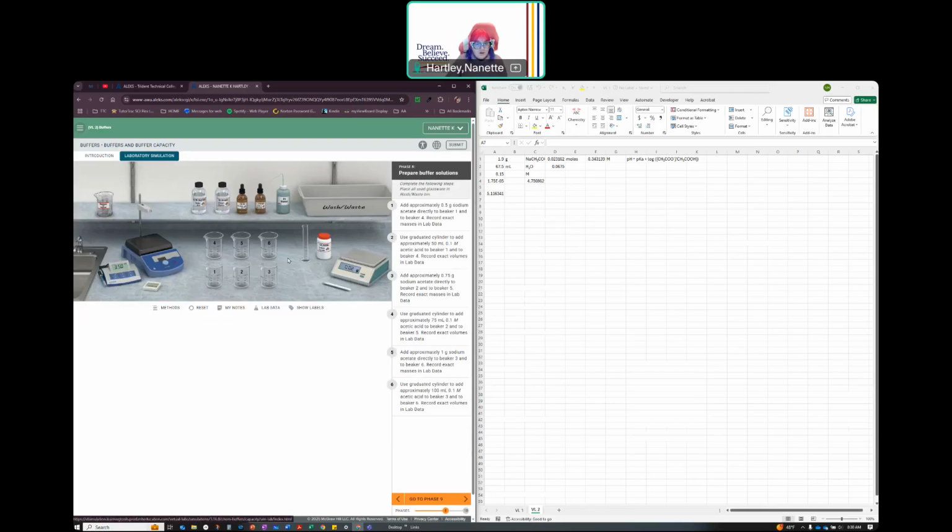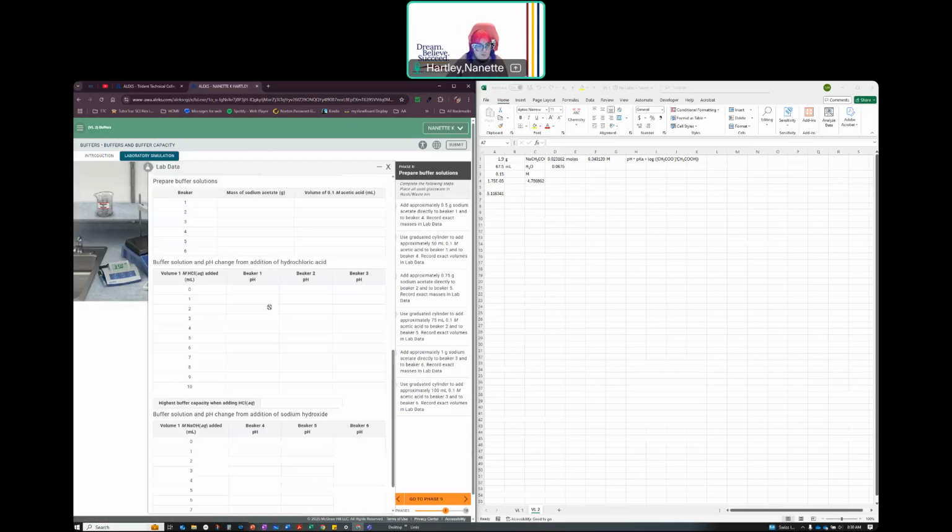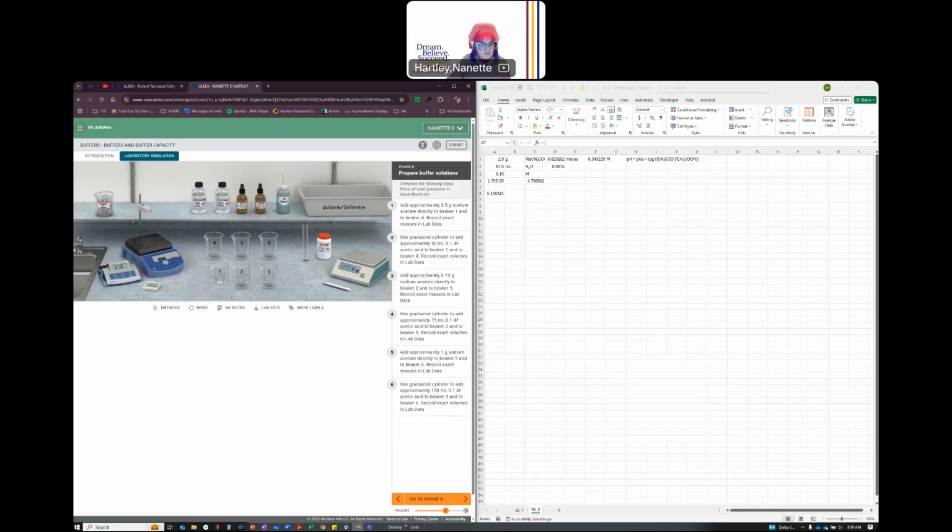Add approximately 0.5 grams of sodium acetate directly to beaker 1 and beaker 4. So this one in here, I'm going to tare that. 0.5 grams of sodium acetate. It's 0.52. Tare that again. 0.57.